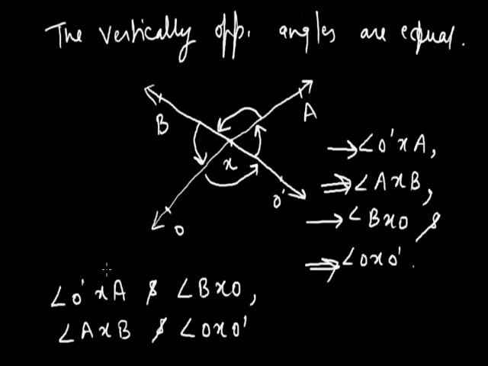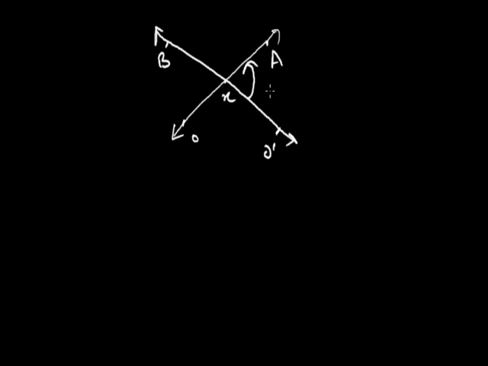See here in the diagram, these are the two lines which intersect at a common point X. The line OA extending in both directions infinitely, and line O dash B, and they are intersecting at X. We have to prove that angle O dash XA, which is this angle, is equal to angle BXO, which is this angle, because they form a pair of vertically opposite angles.